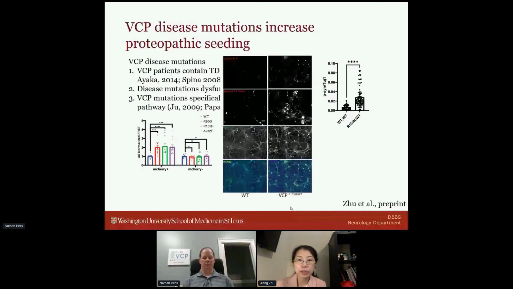Also, we repeated the same results in the VCP R158 heterozygous hippocampal neurons, and we see tons of alpha-synuclein aggregates here, compared with the wild type sibling controls.